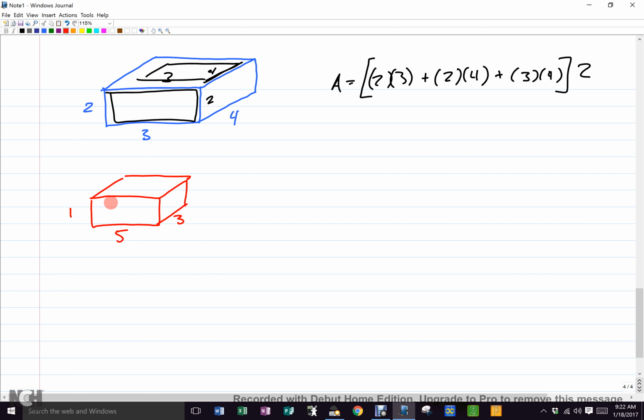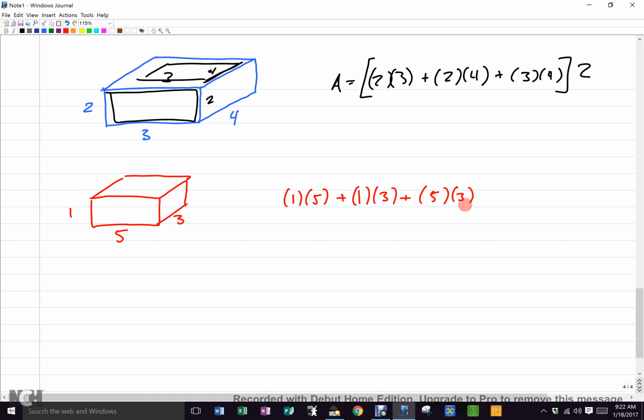Yeah, of course you can, because it's 3 rectangles, isn't it? What's the first rectangle? 1 times 5. Plus, what's the second rectangle? 1 times 3. And what's the third rectangle? 5 times 3.